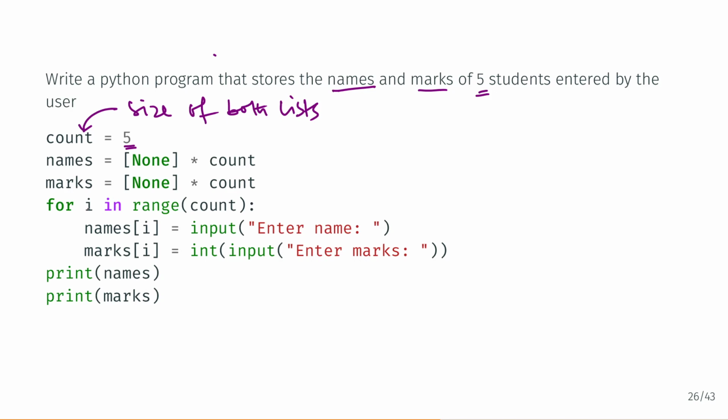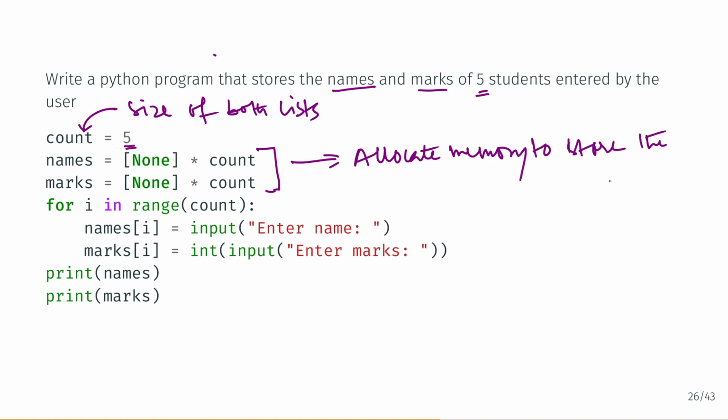Okay. Now, because we don't know what the values are, it's a good idea to create the empty list. Essentially what this does is allocate memory to store the lists. It's efficient to pre-allocate memory.